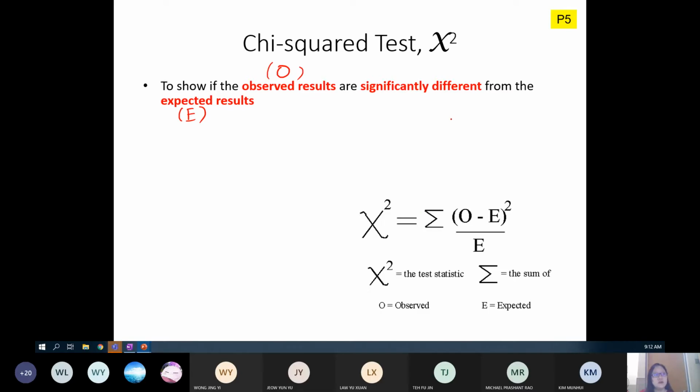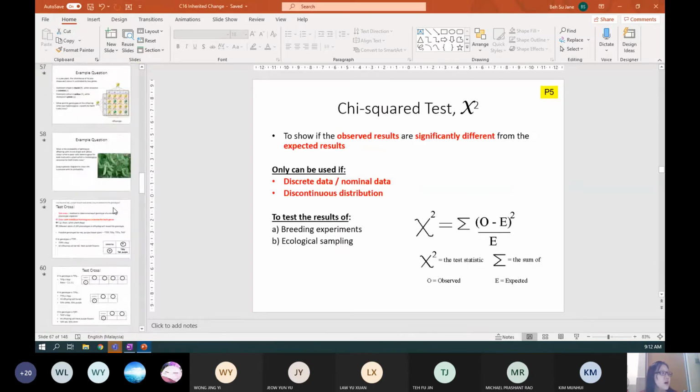For example, if Mendel predicted the ratio of 9:3:3:1, the offspring are not going to be exactly 9:3:3:1, right? Maybe it's some random numbers because he did so many tests. Let me go back a little bit.